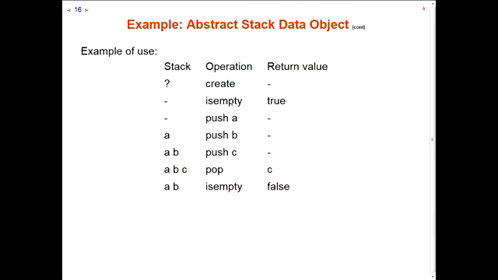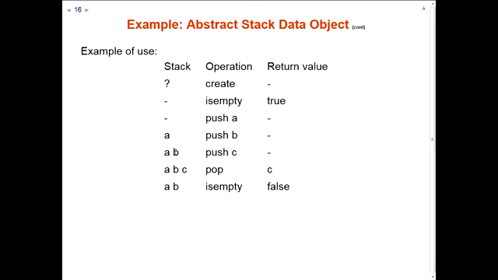Perform the operation is empty. The return value should be true because we haven't done anything with the stack just yet. Then I'm performing a push A operation. The character A is pushed onto the stack. That doesn't return anything, but it does change the stack. It's no longer empty. We now have the first element on top of the stack, which is A.